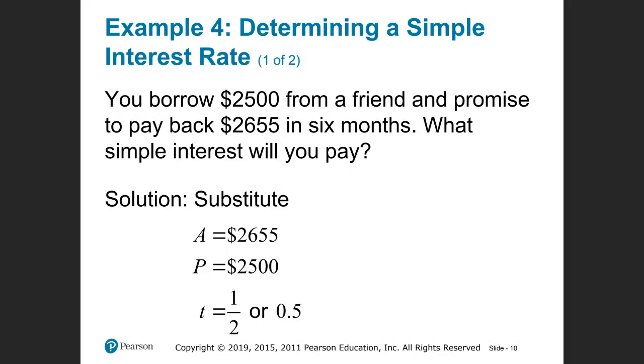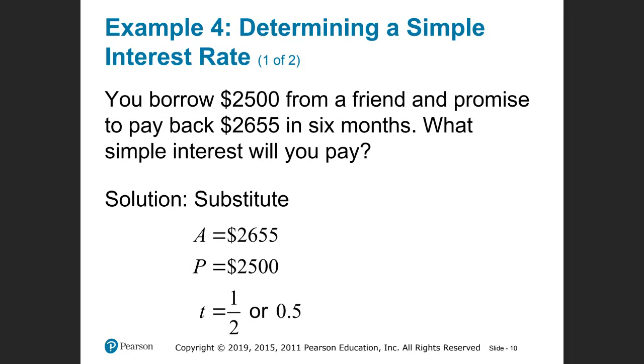In example 4, we want to determine a simple interest rate. In all the previous problems, we've been given the interest rate. This time we want to find the interest rate. You borrowed $2,500 from a friend, and you promised to pay back $2,655 in 6 months.